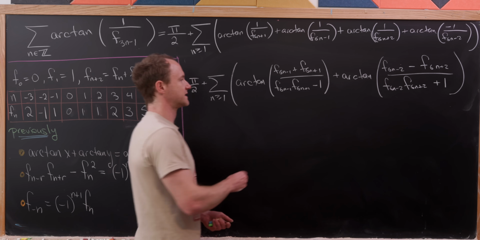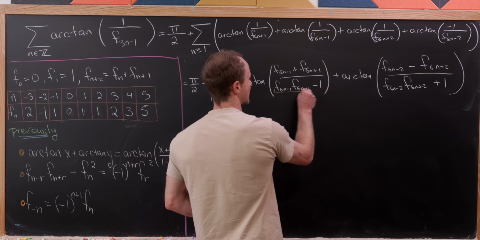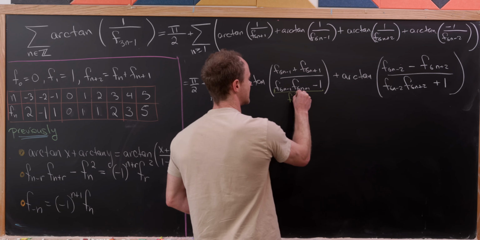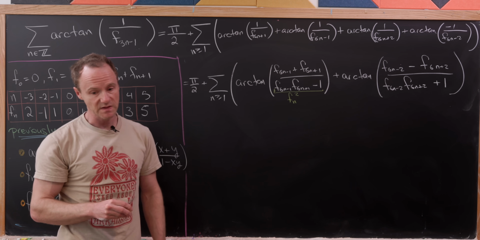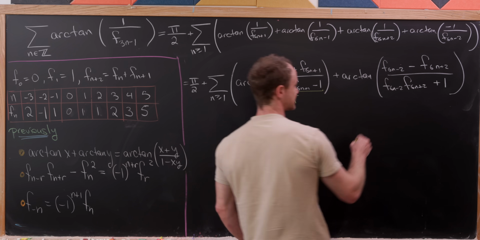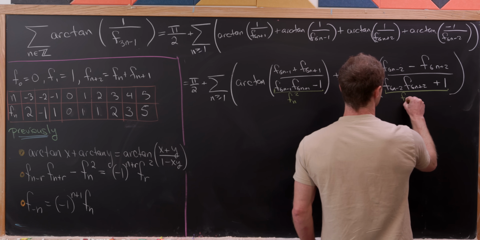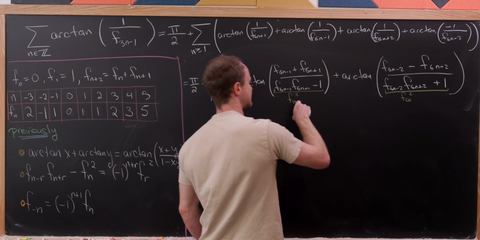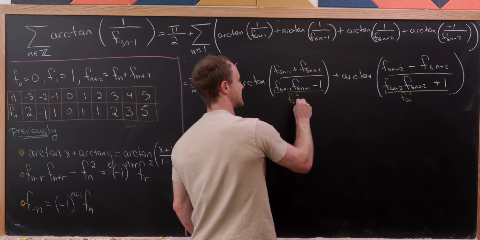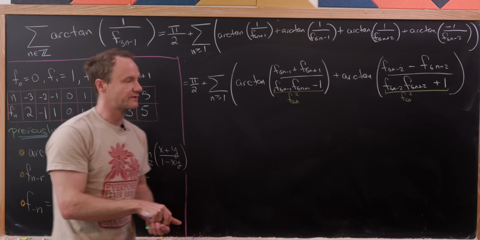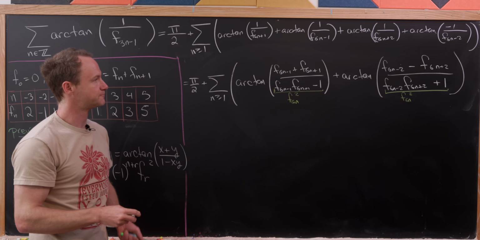And so when all is said and done, we'll see that this bit right here turns into f sub 6n squared. And then likewise, this bit right here will also turn into f sub 6n squared. I think I said n squared here, but I meant 6n squared. So we've got something like that going on.